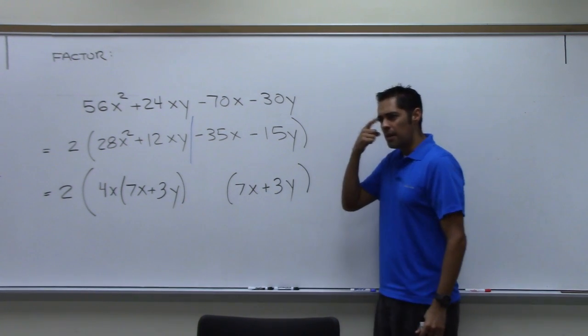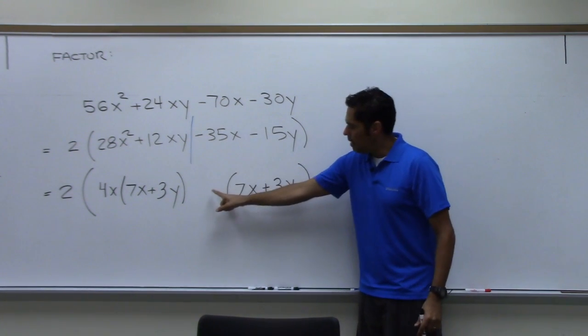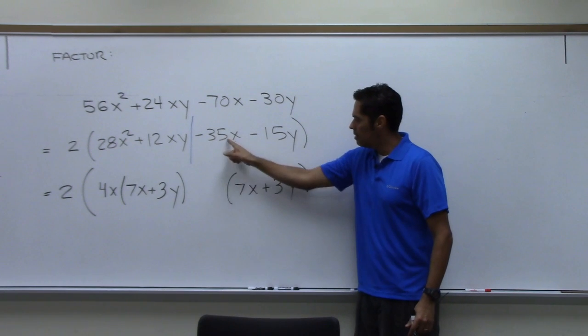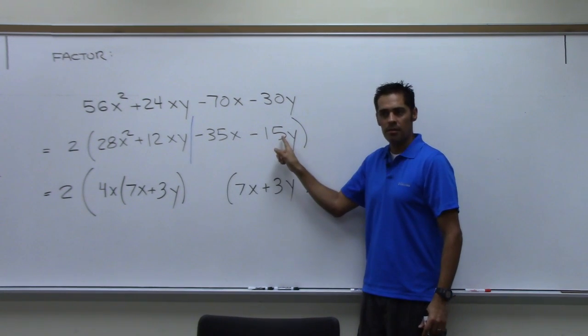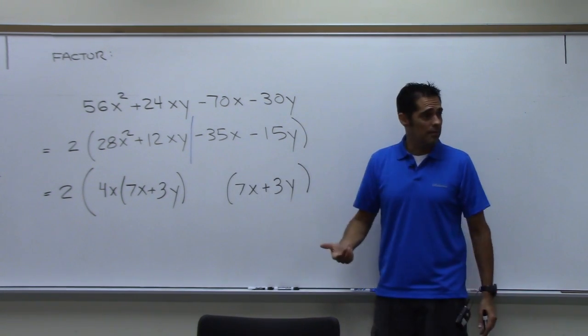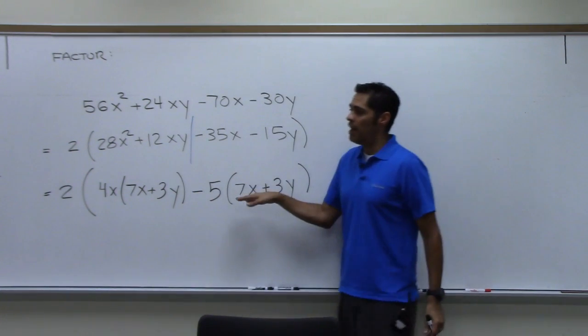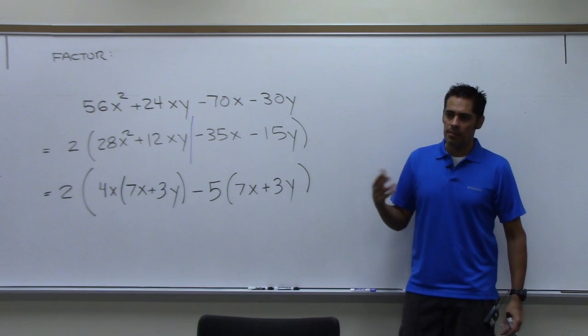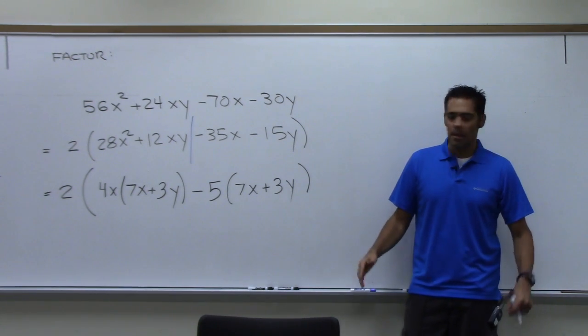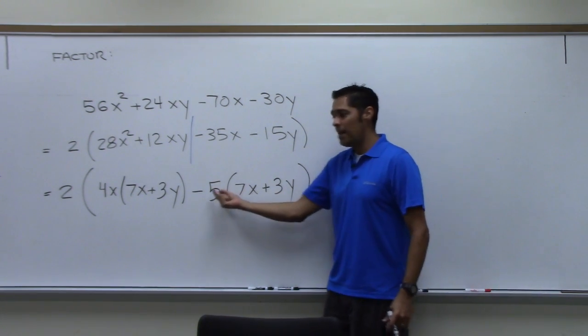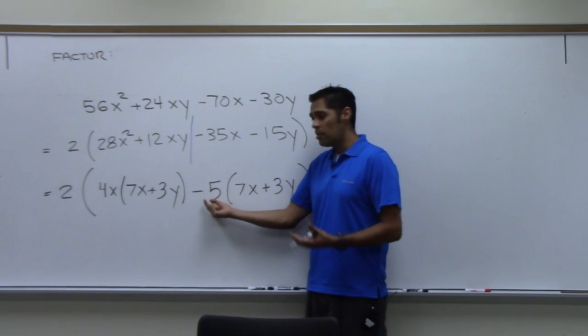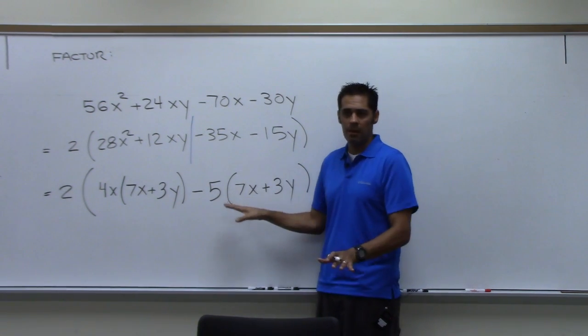And now let me try and think of something that I could put out here that would turn this into this and this into this. -5, right? Do you see the difference between that and the other way? Your choice, okay? If you put this down here and you can't come up with a number or something that's going to do this, then the grouping fails.